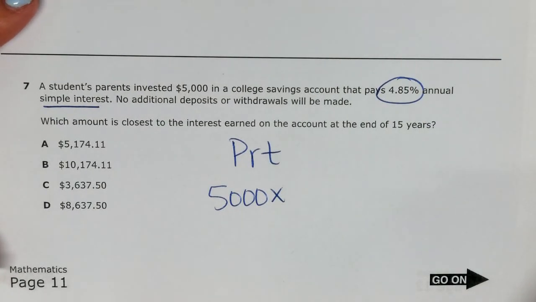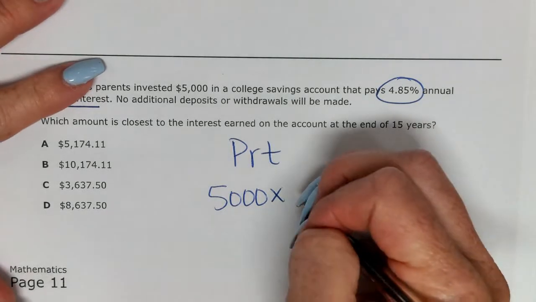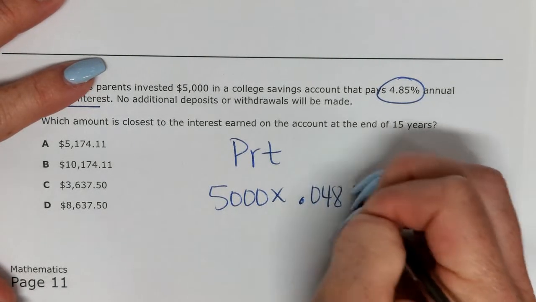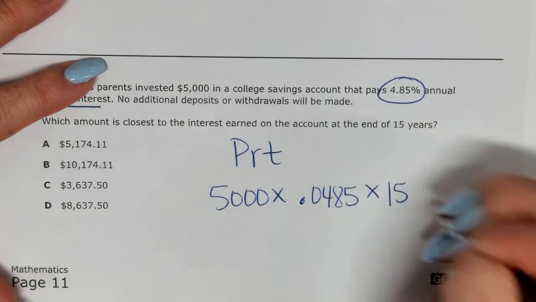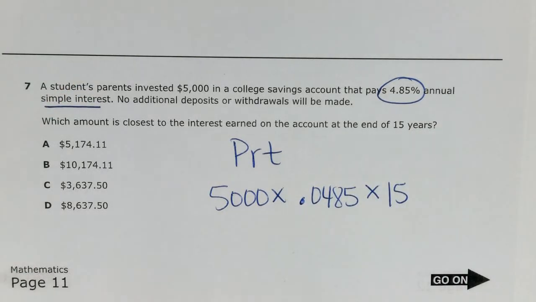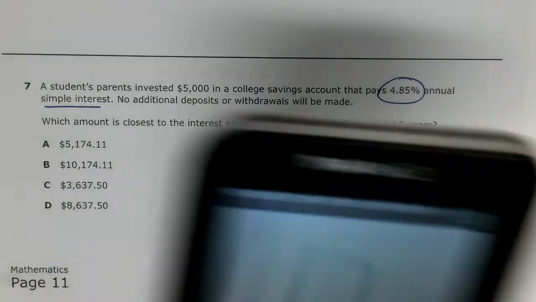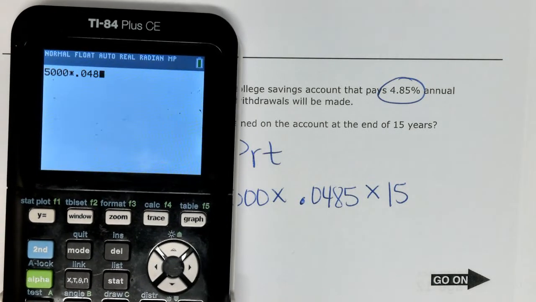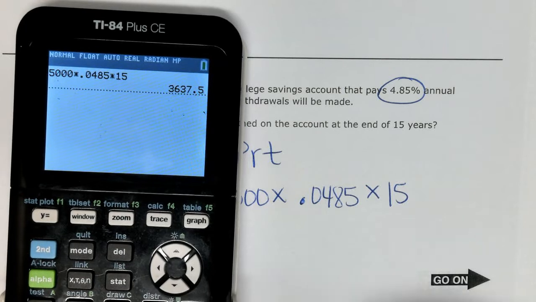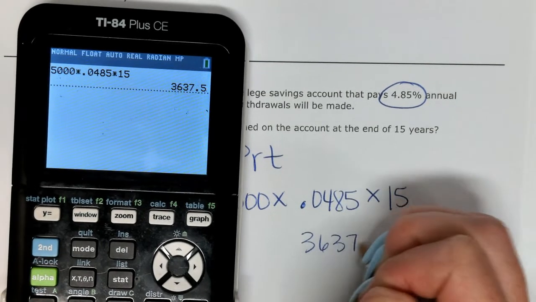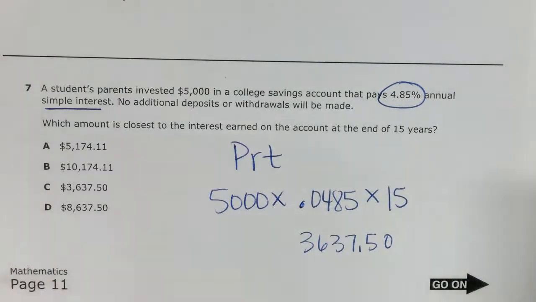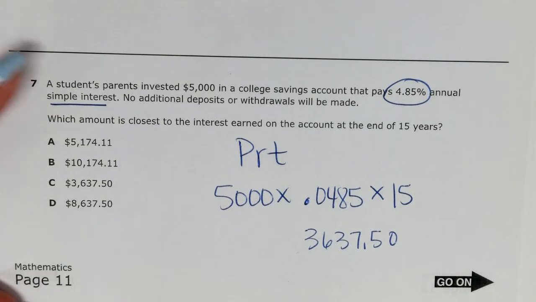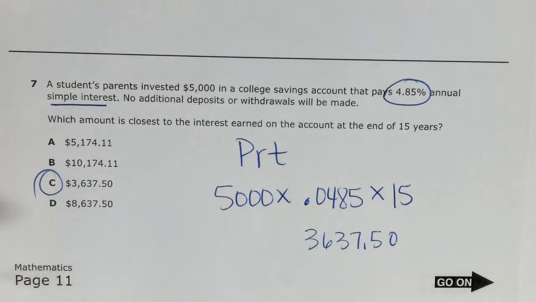But I got to change it to a decimal by dividing by 100. Okay, so 0.0485 times 15. And that's all you had to do. Type that in your calculator. So let's see what we get. So the answer was C.